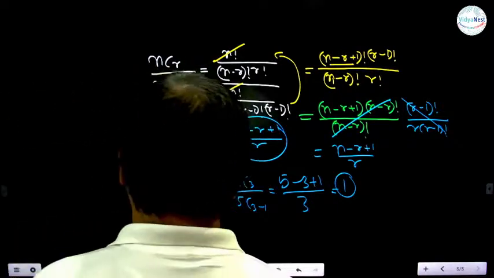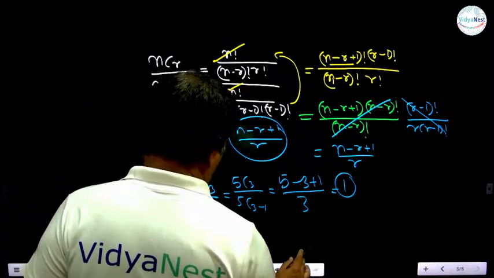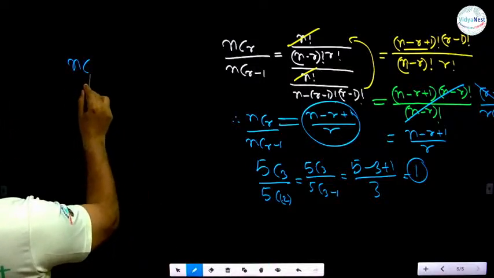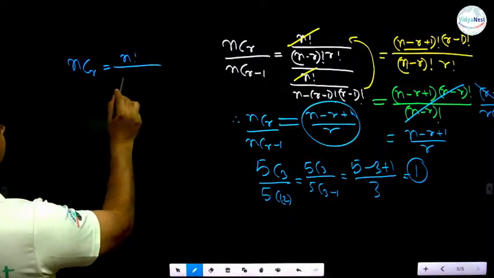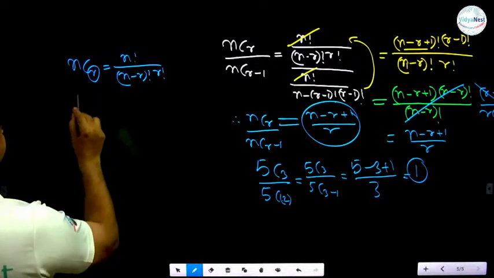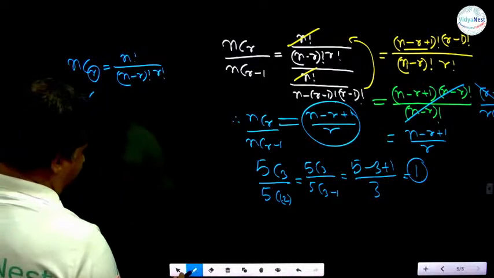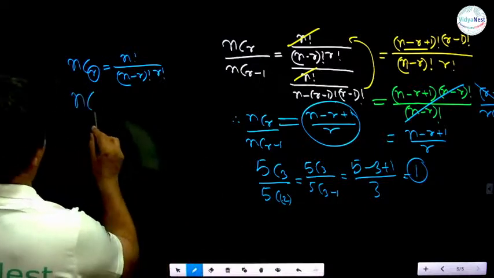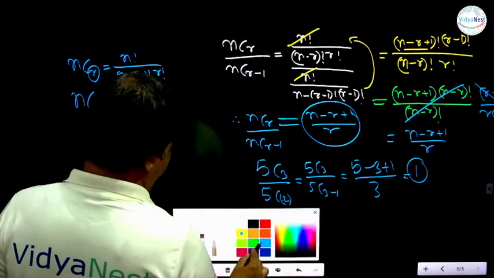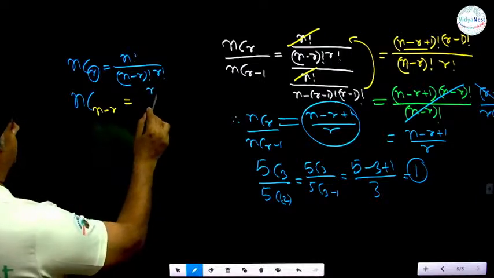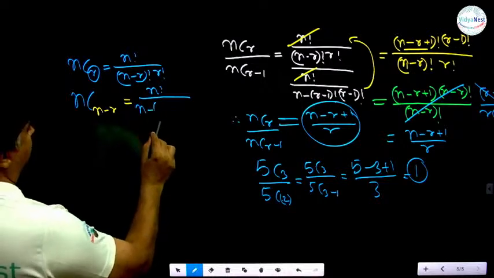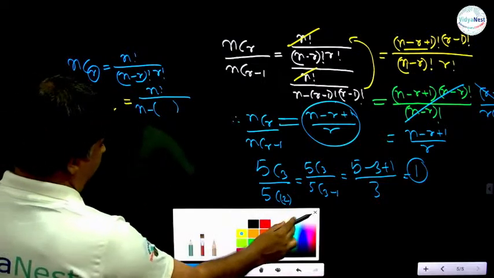Now we have got nCr. No matter, it is so simple to memorize this formula now. Now instead of r, you are replacing n minus r. So what changes will occur in the formula? Numerator, there will be no change. In denominator, in place of r, you have to put what? That n minus r.